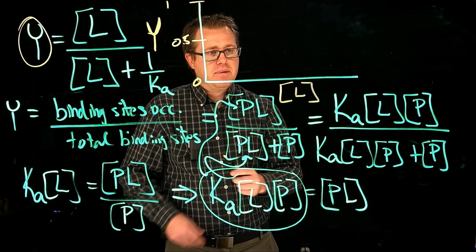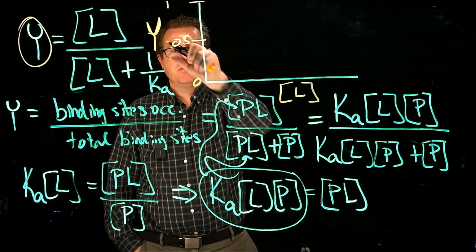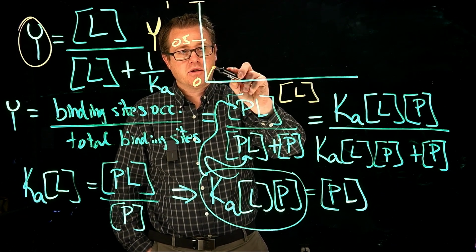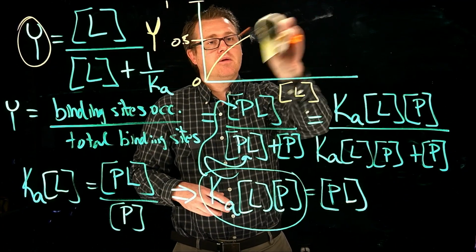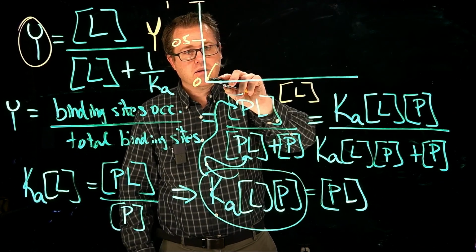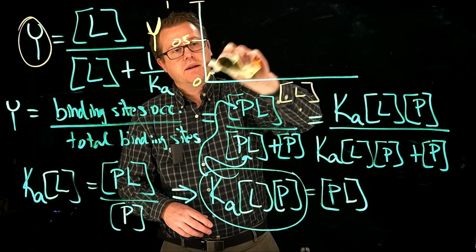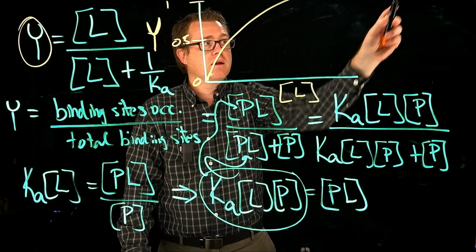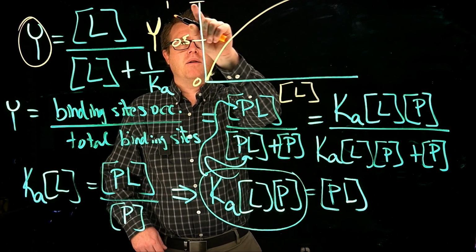And what's going to happen is you're going to track the y value with respect to the concentration of your ligand. So you're going to get something that looks more like this here. Drawing a curve today is not so easy. Something like that.